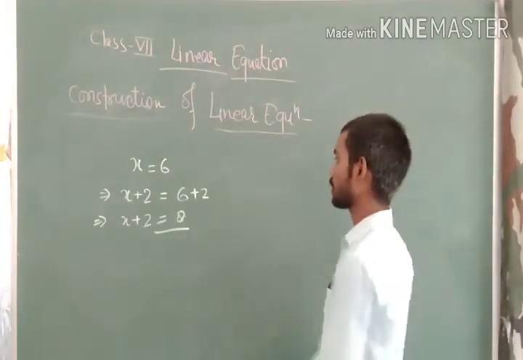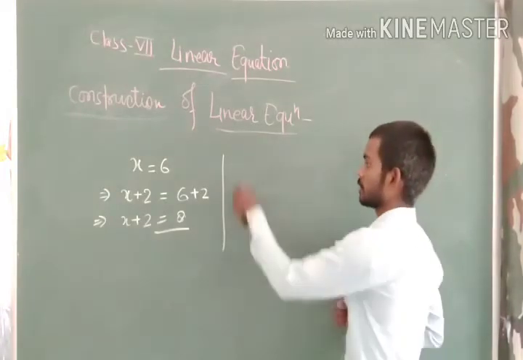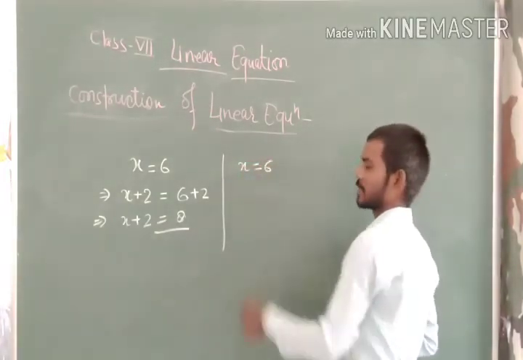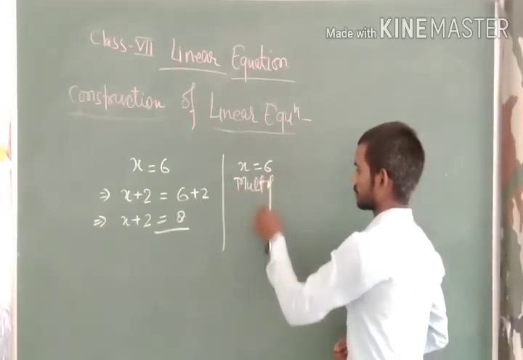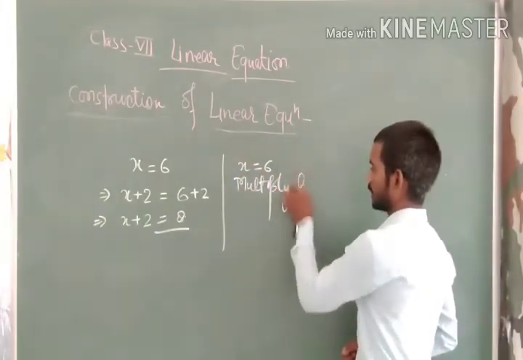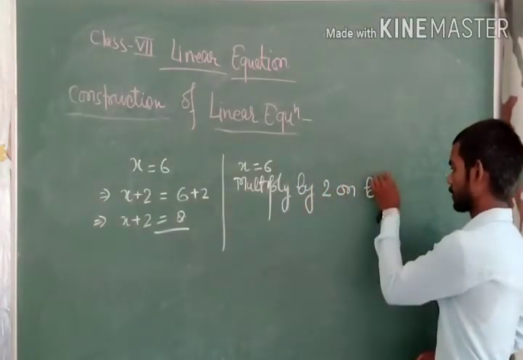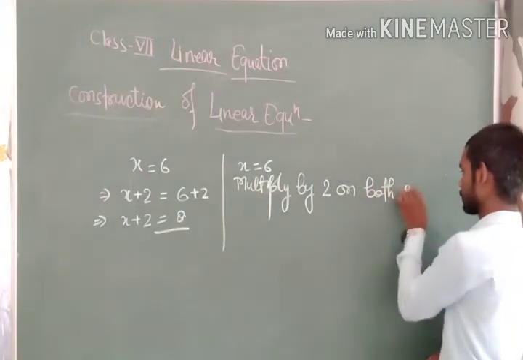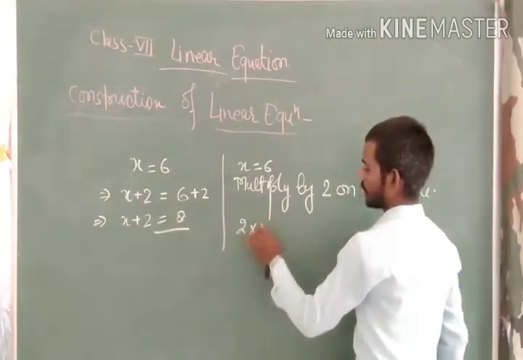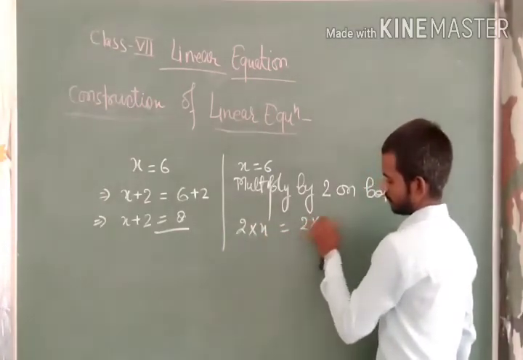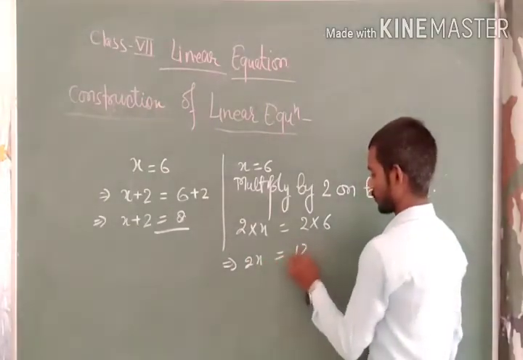We can also form another equation by the same value. Like, x is equal to 6 is given, multiply by 2 on both sides. We get 2 multiplied by x is equal to 2 multiplied by 6, and this implies 2x is equal to 12.